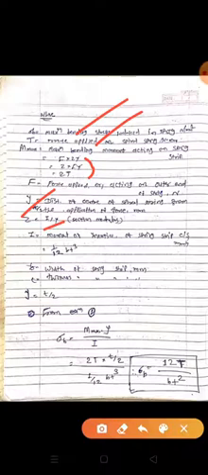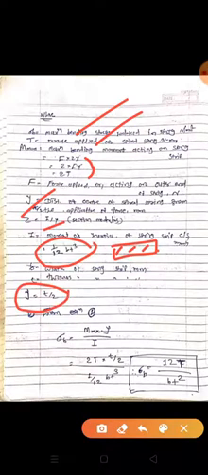I is the moment of inertia of the spiral spring, and for the rectangular cross section, I is equal to 1 upon 12 b t cube. Here b is the width of the spring strip and t is the thickness of the spring strip. And y is equal to t by 2, which we already saw previously.